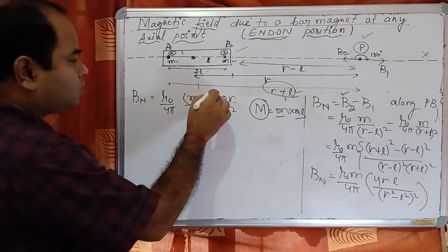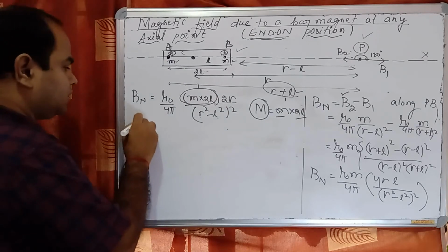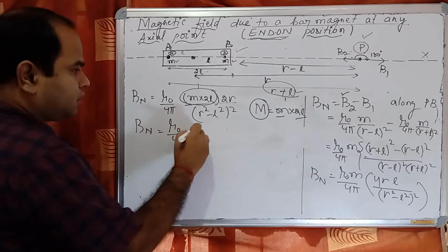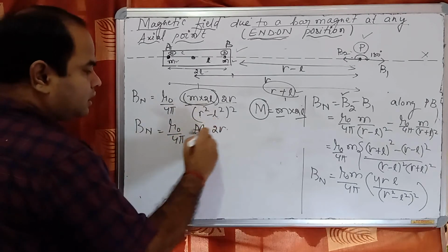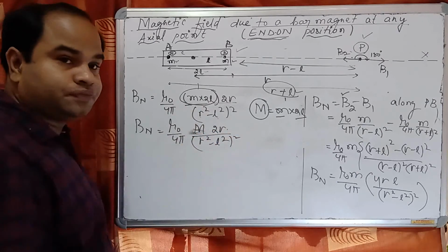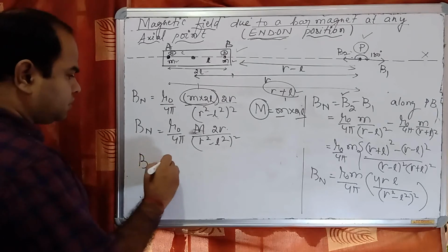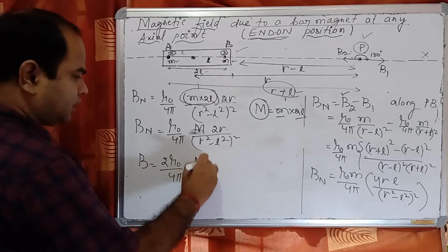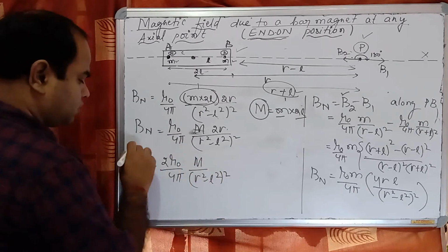So here we write Bn is equal to mu naught by 4 pi, that is m into 2r divided by r square minus l square of whole square. We can also write this as 2 mu naught by 4 pi, that is m by r square minus l square of whole square.